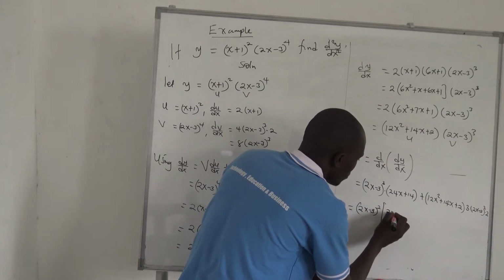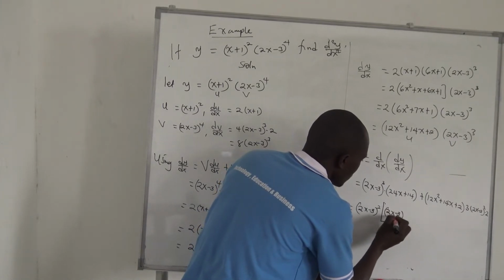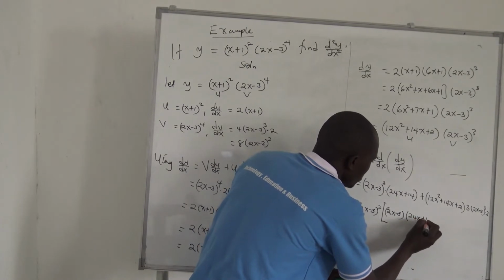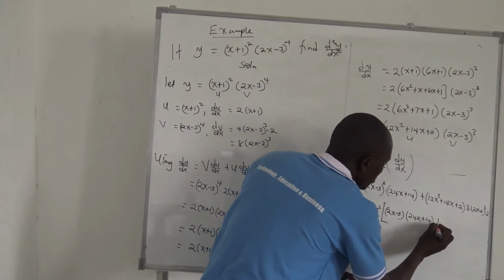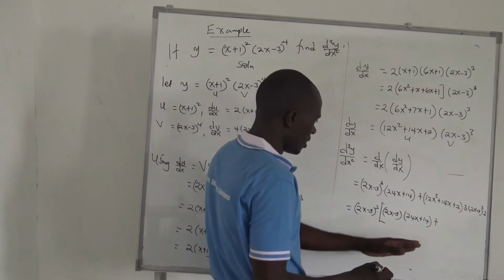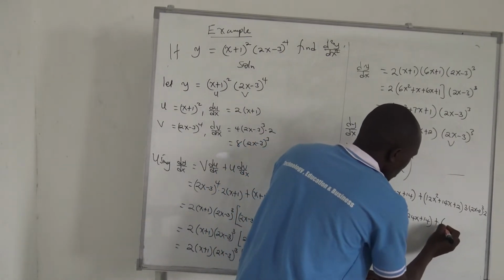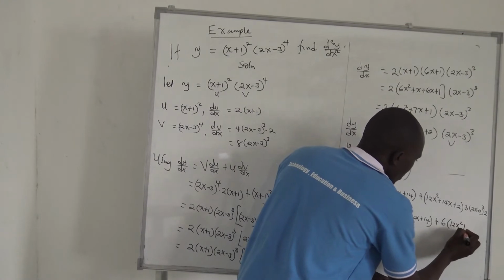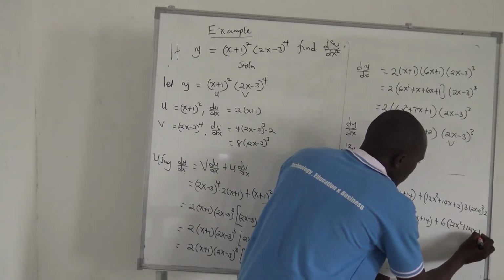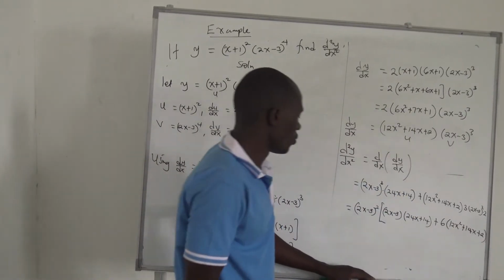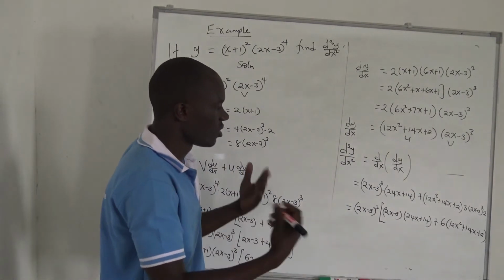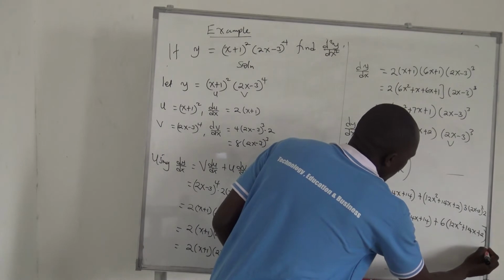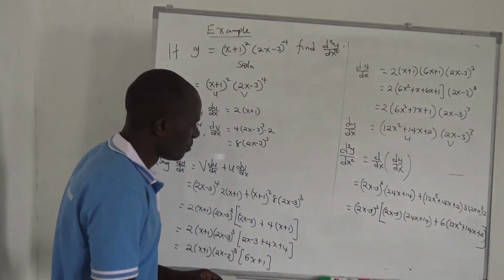I remain with (2x minus 3) again into (24x plus 14), plus the other one, which remains with 6 into (12x squared plus 14x plus 2). So we are free now to go ahead and open the brackets.